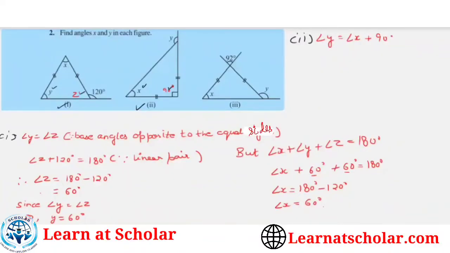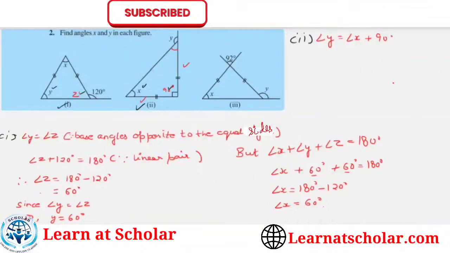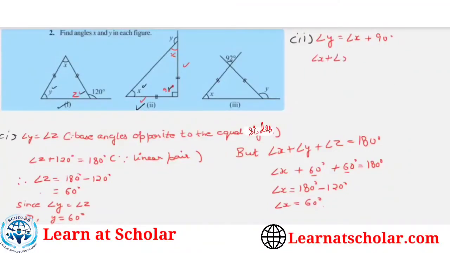The second one, y is equal to x plus 90 degrees. Because y is an exterior angle, the property states that exterior angle is the sum of two opposite interior angles. That means angle x plus 90 degrees. x plus 90 degrees is equal to 180 degrees.